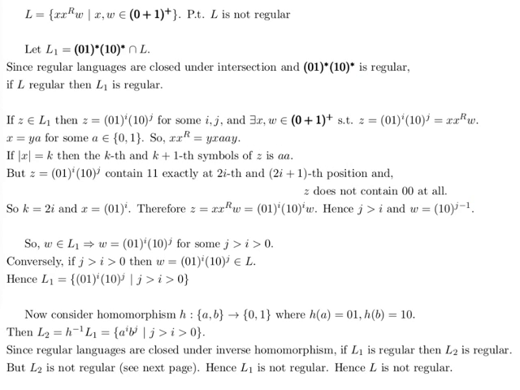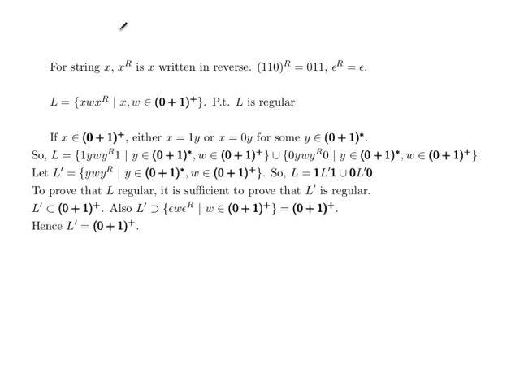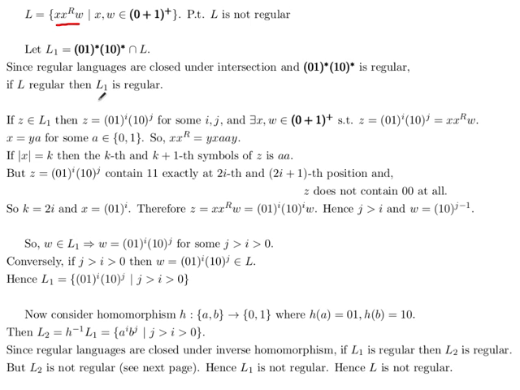Okay, let's go to the next problem. The next problem is also quite similar to the previous one. If you compare this expression with the previous problem, it looks very similar, just instead of x w x^r, I have here x^r w.